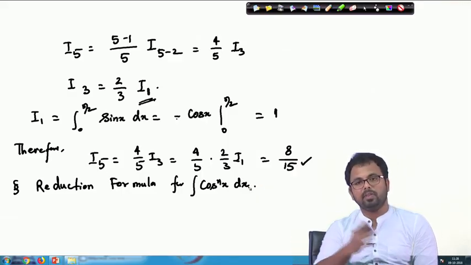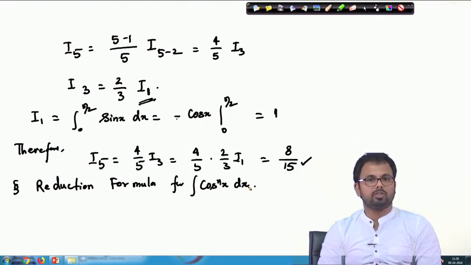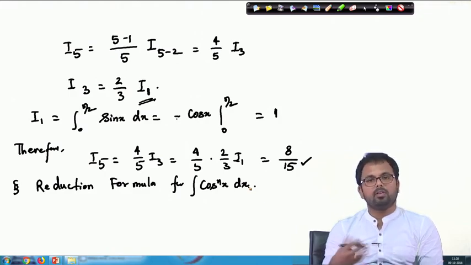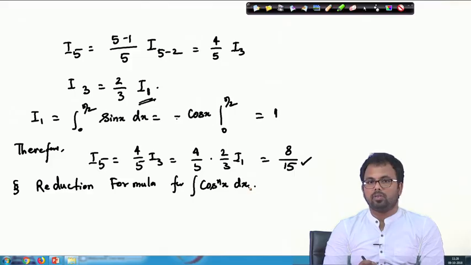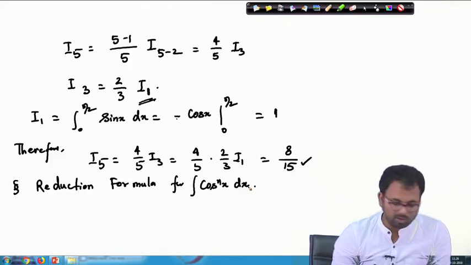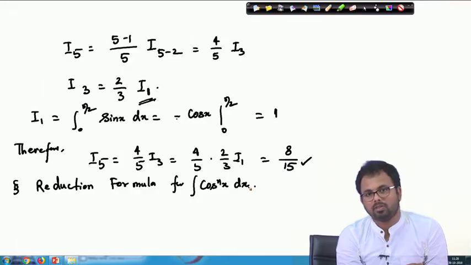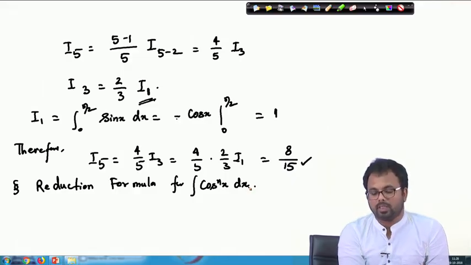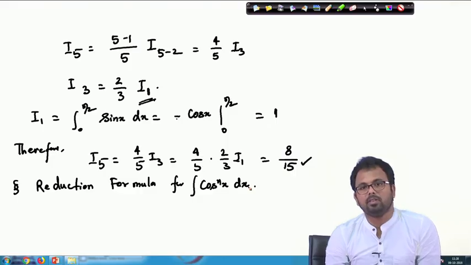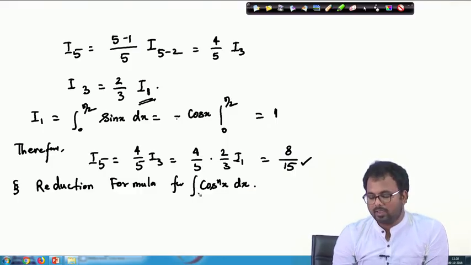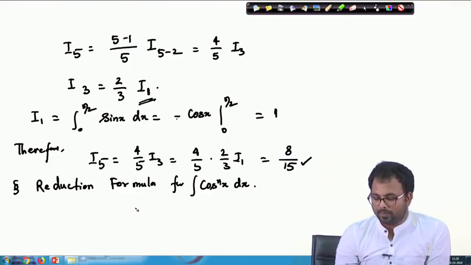The way we have calculated the reduction formula for sine to the power n x dx, we can also calculate the reduction formula for cos n x dx. You just have to write it as cos n minus 1 times cos, like the way we did for the sine. So I leave this task to the students, and I'm pretty sure you will be able to do it.